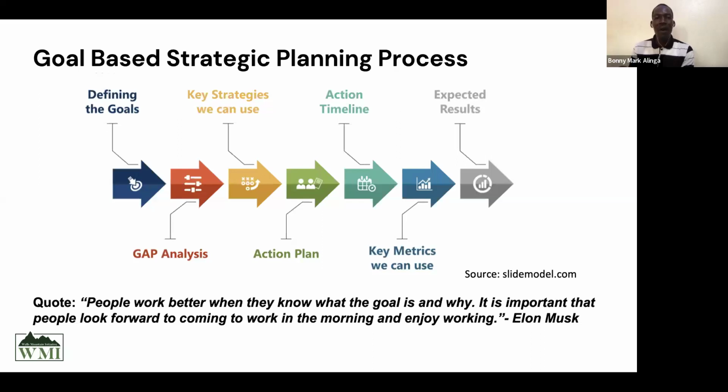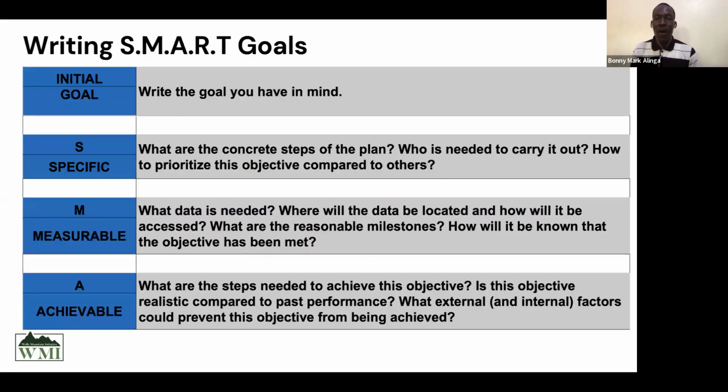So when you have all these elements in place, then eventually you'll have the SMART goal and you'll enjoy that you have put a very definitive SMART goal that everybody reads and gets to know that this is what the company wants to achieve, what the organization wants to achieve.